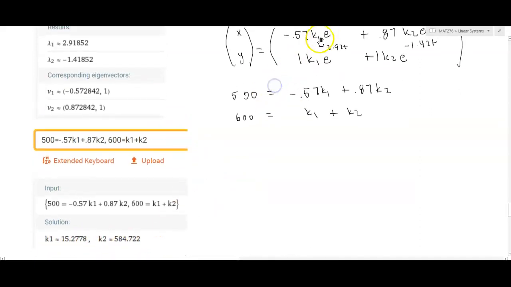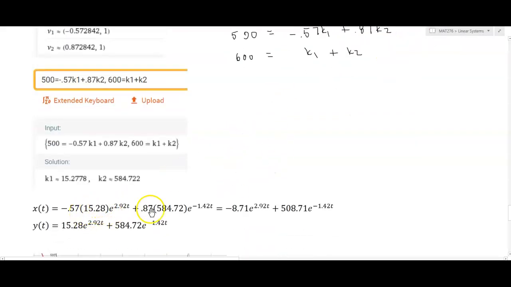So in the first equation, I'm just going to replace k1 and k2 with those values. So here we have 15.28 and 584.72. Same thing for y of t, 15.28 is 1 k1, 584.72 is 1 k2. And now I'll multiply these coefficients together to get negative 8.71 and 508.71.